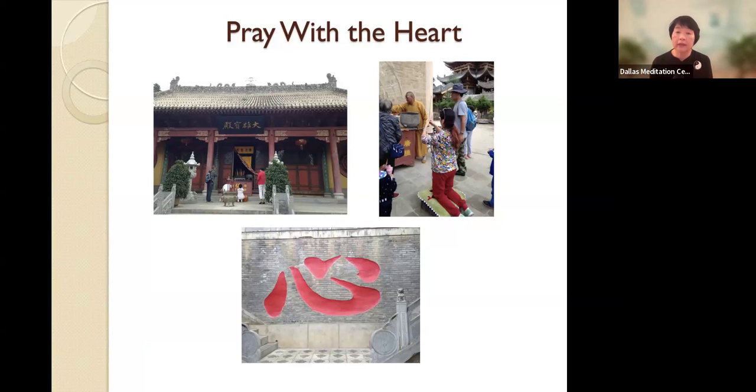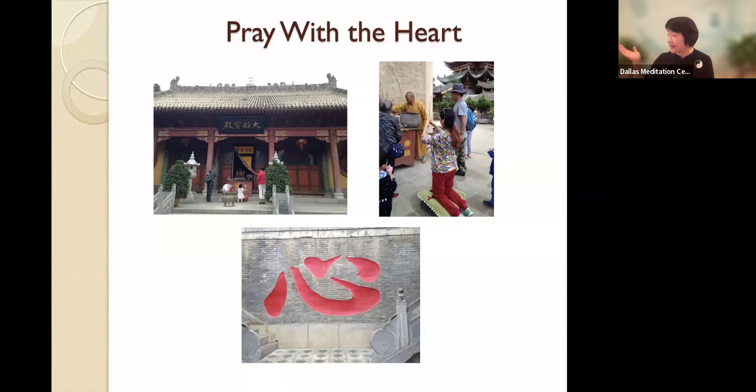They don't necessarily go to church or temples every day or every week, but when they go to a mountain, when they see temples, usually built in a mountain for hundreds of years, they will pray. And what is interesting about one of these pictures is there's a character in red. What do you think this character is?